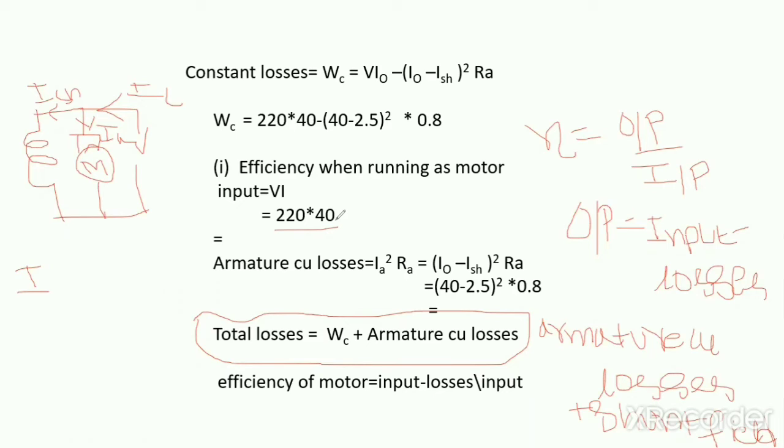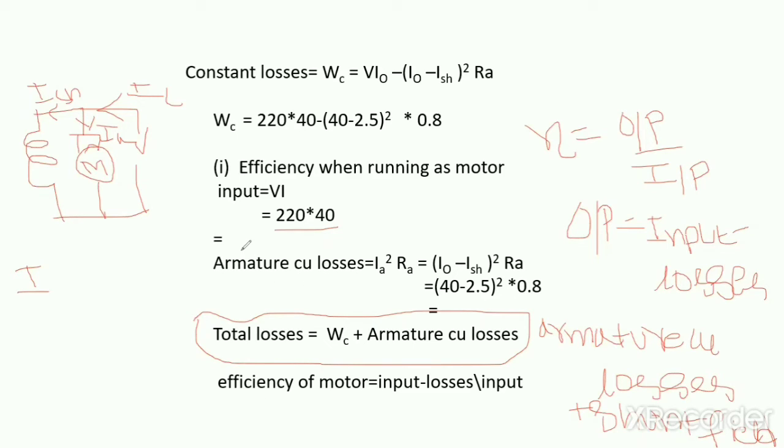Armature copper losses is IA square RA, WC is V into I naught minus ISH whole square into RA. This is the efficiency of a motor.